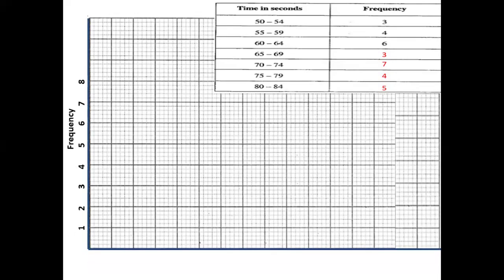Labeling our axis, 1 centimeter represents 1 student for the frequency. And along our x-axis, we need an empty interval at the beginning and at the end, as the question is requesting. One of the reasons for that is that when we are working with grouped data like this, 50 to 54, 55 to 59, and so on, we're going to be plotting the points at the midpoint.